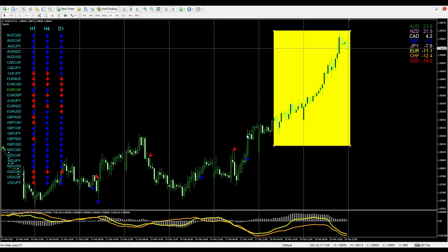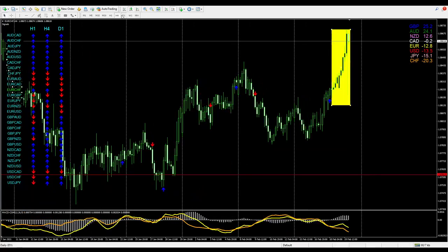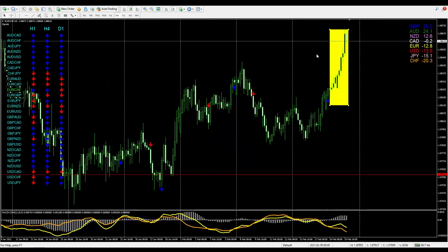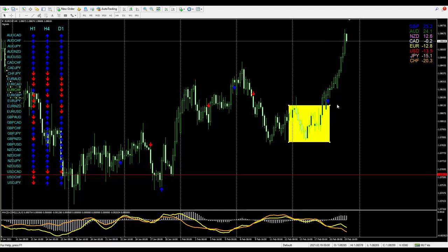Like, why did you have a short here? Oh, one moment. Because the overall signal here is sell. So I guess around this point, these yellow bars are all sell for last week.